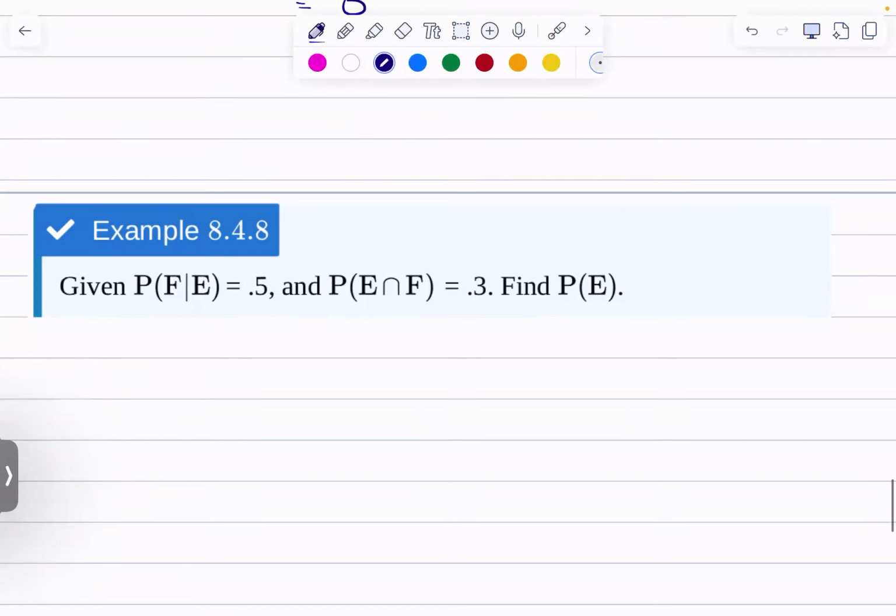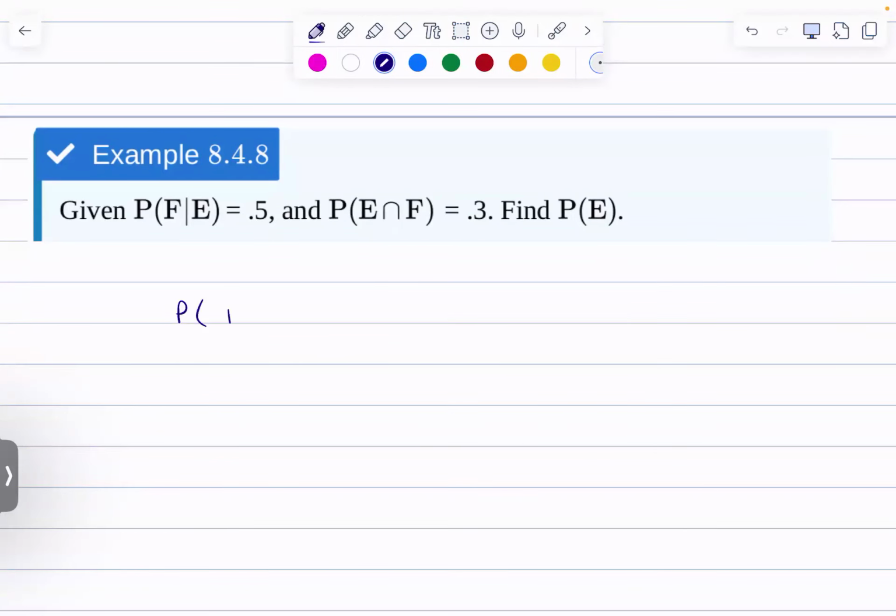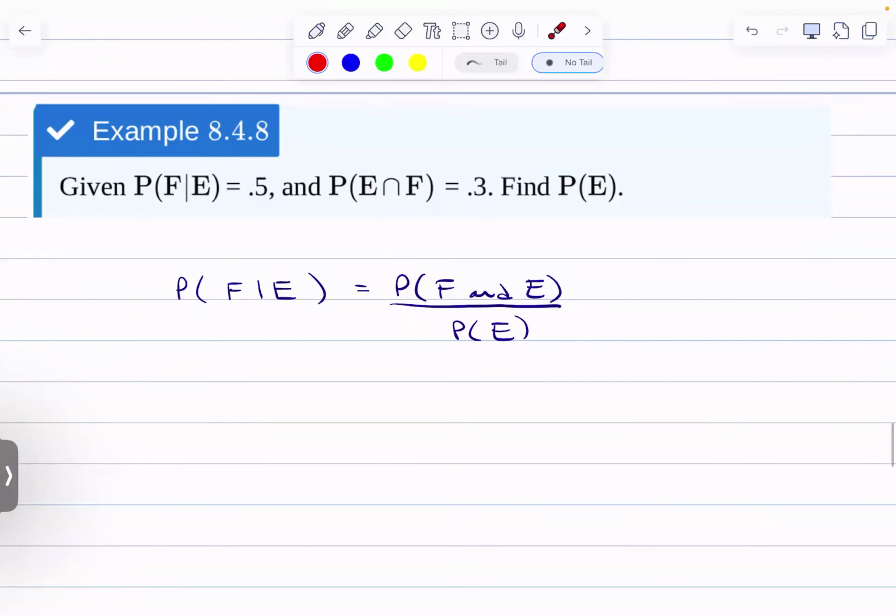And so we know that the probability of F given E is the probability of F and E divided by the probability of E. We're given the probability of E and F, but that's the same as F and E. And we're also told that the probability of F given E is 0.5. So 0.5 is 0.3 divided by the probability of E, which is what I want to solve for.